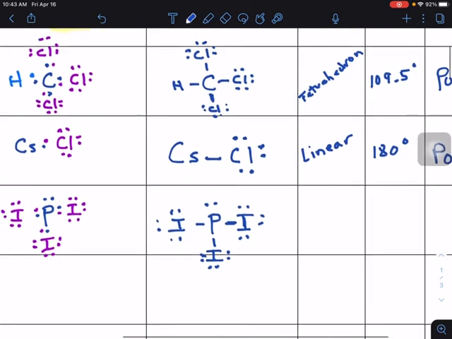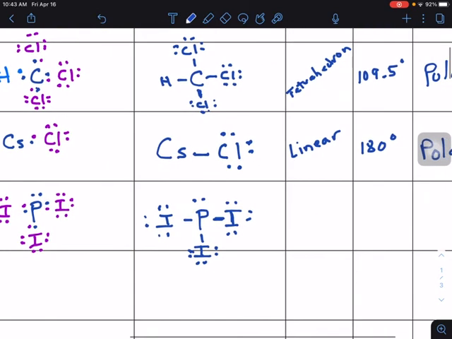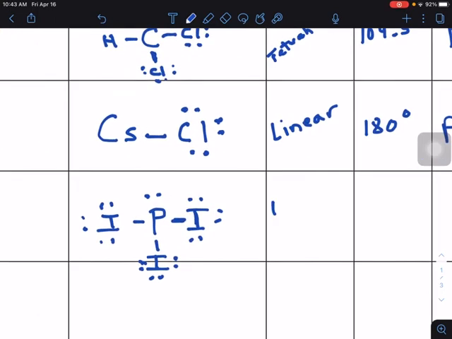Okay, this shape is trigonal pyramidal. Okay, and the bond angle for trigonal pyramidal is 107 degrees.